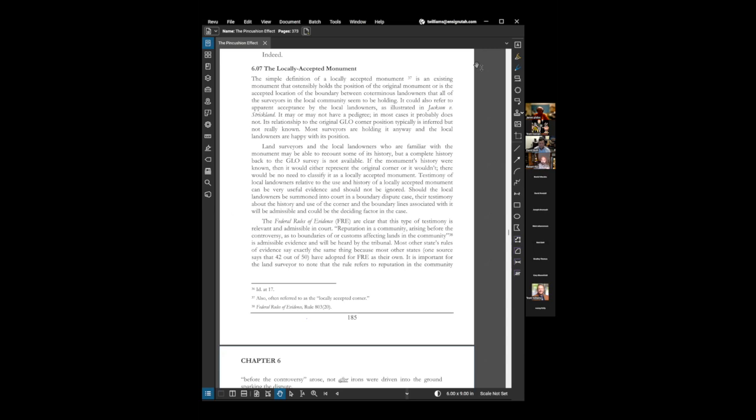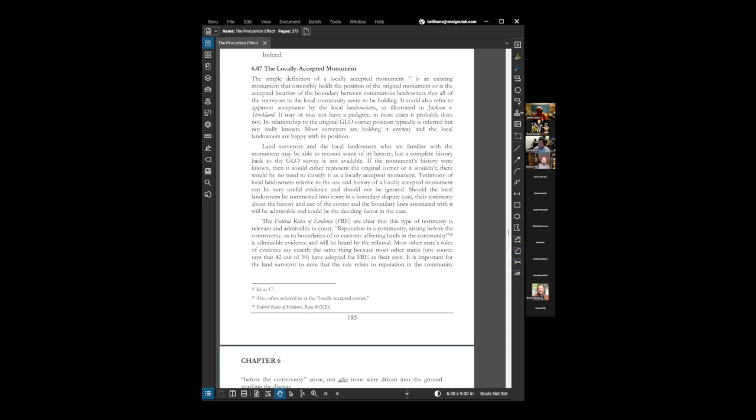Gotcha. Great question, though. I would say that one of the things you need to consider in these circumstances is whether your state has an ancient document rule and what the length of period is for that.